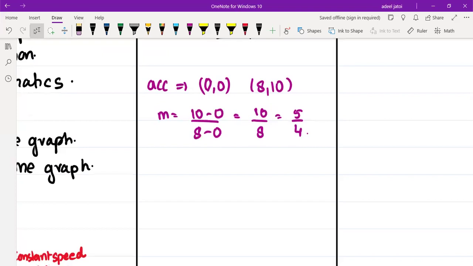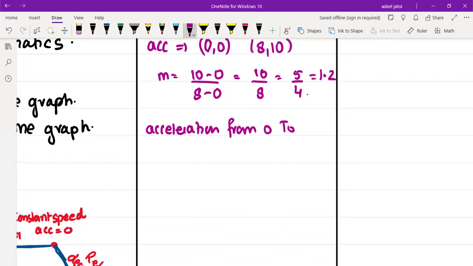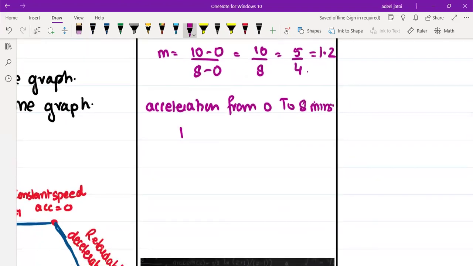And 5 upon 4 will be 1.25. That means your acceleration from 0 to 8 is 1.25.